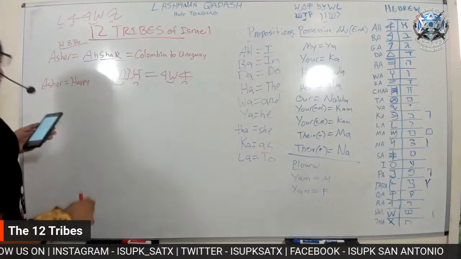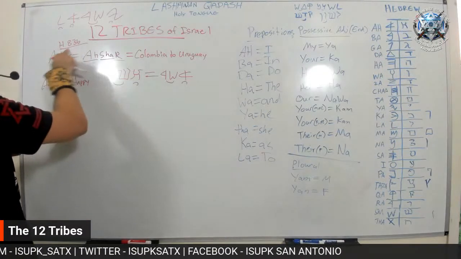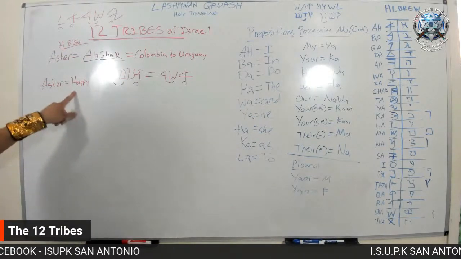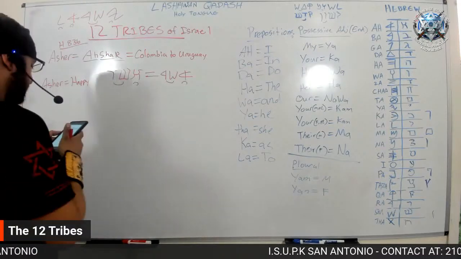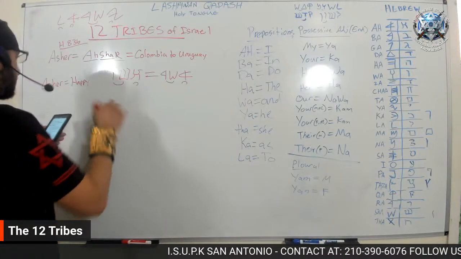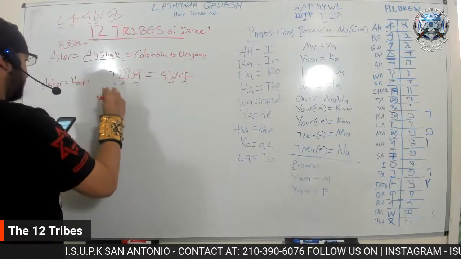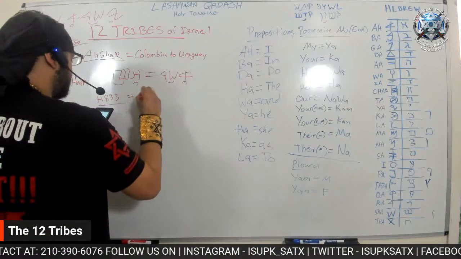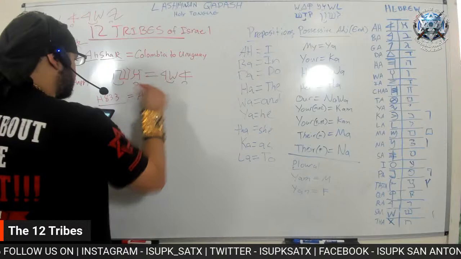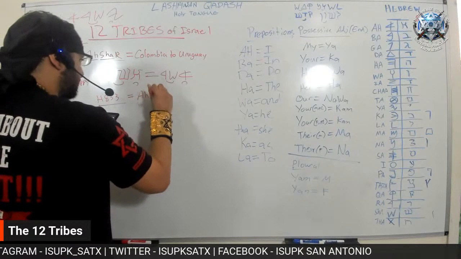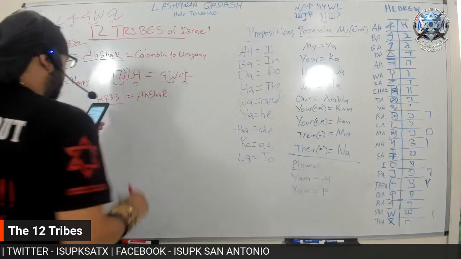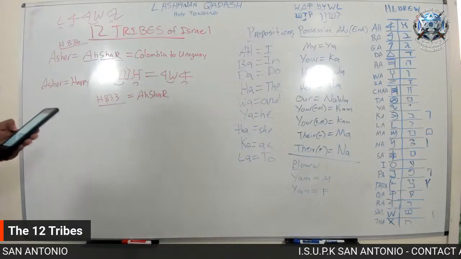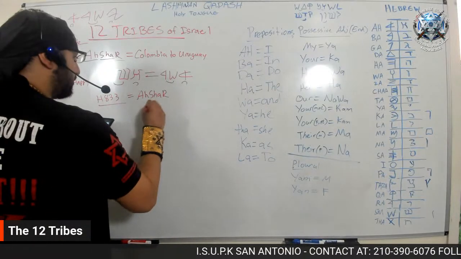Of course I'm putting down the Strong's number H836, which actually means happy, literally, but it comes from the word H833, which also means Ashar, which means to go straight. It says to be advanced, to be made happy, to be blessed. So this means to be blessed.